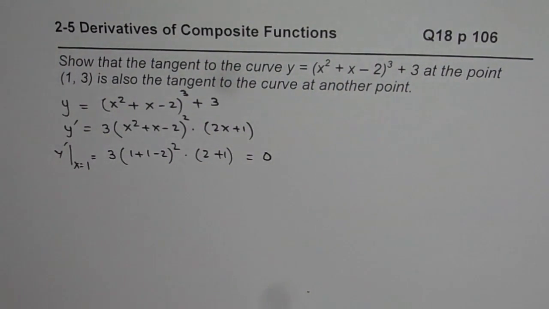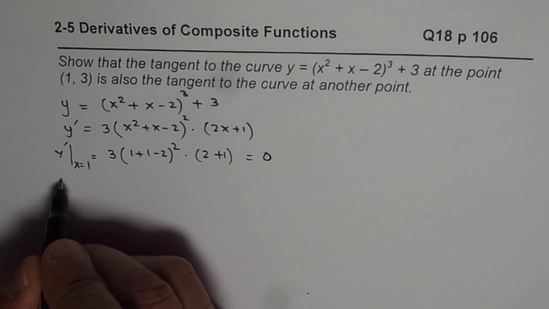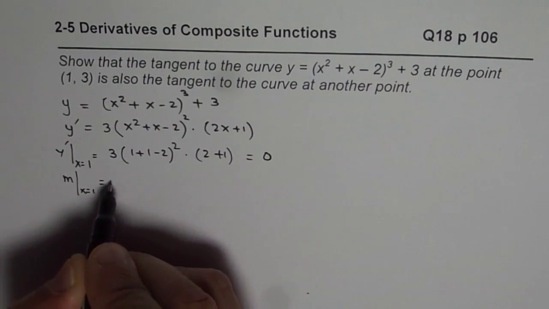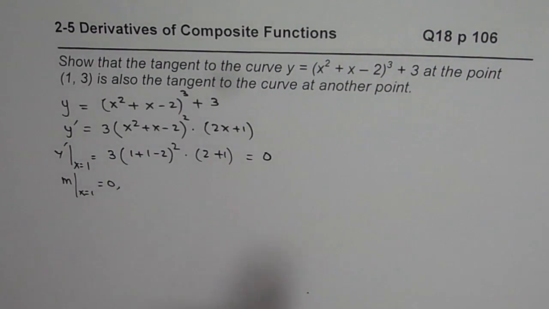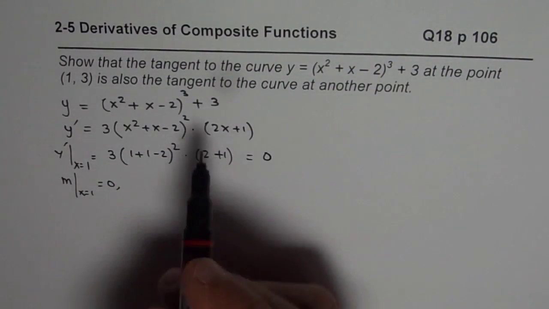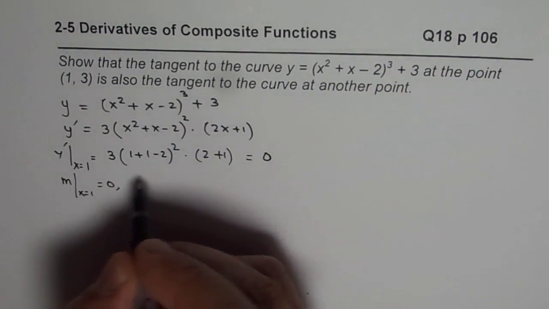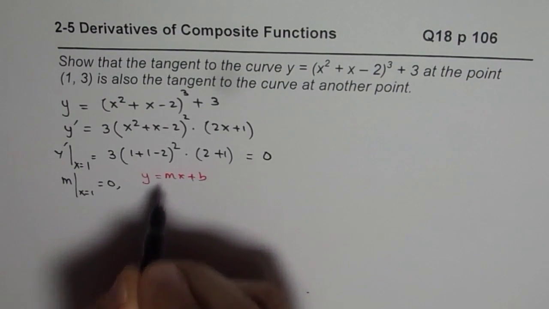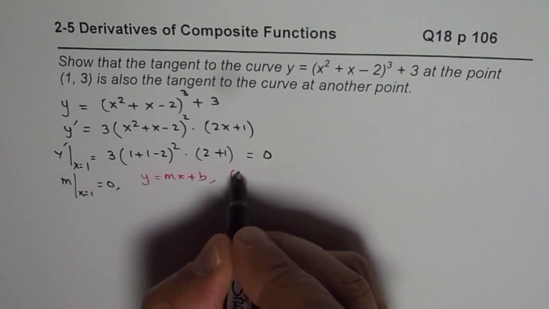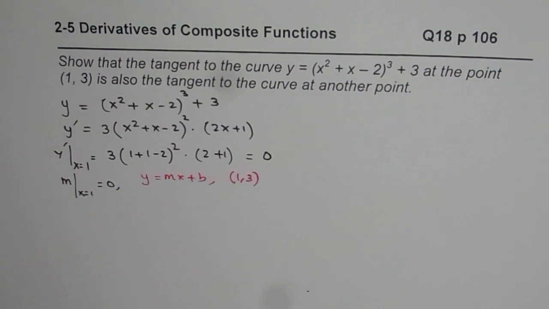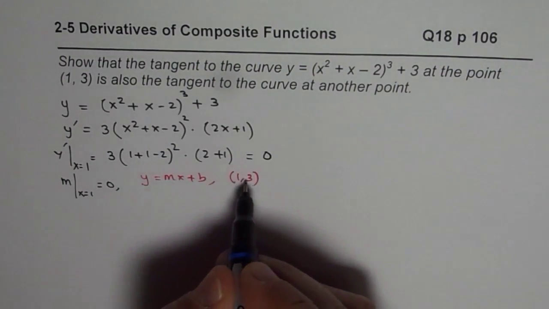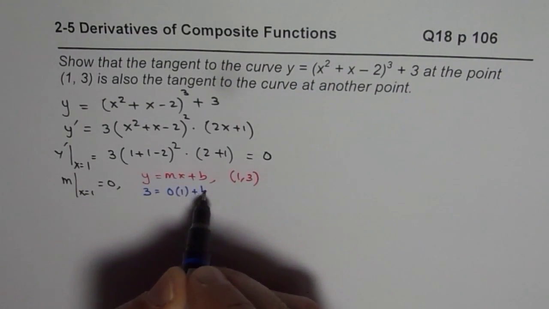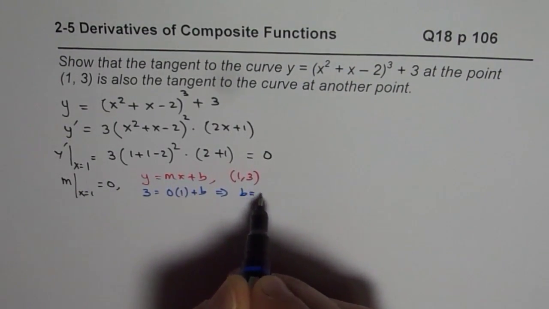So what is the equation of the line? If the slope m at x equals 1 is 0, the equation of the line will be y equals the y value. You could also say y equals mx plus b. Since m is 0 and the point is (1, 3), we substitute 3 for y, slope 0, and 1 for x, and that gives b equals 3.